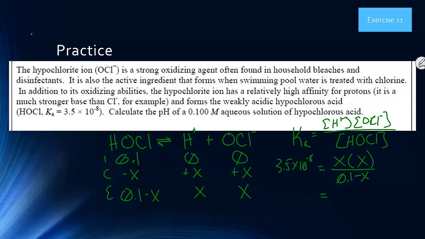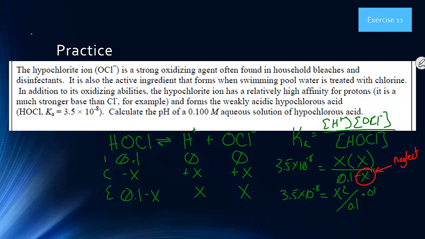Even if x was the value of Ka, 0.1 minus 0.000003 does not cause a measurable difference. So we are going to neglect this x in the denominator. So we end up with x squared over 0.1 equals 3.5 times 10 to the minus 8th.